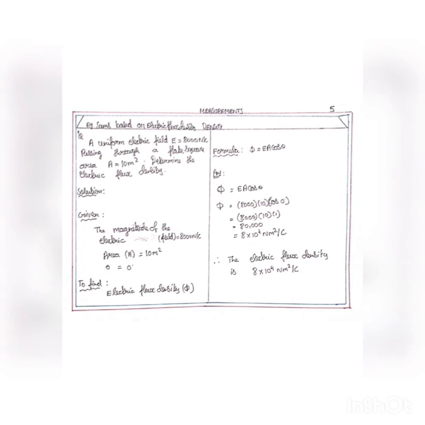Here theta is 0 degree. Always we have to keep the angle as 0 degree. By applying this formula, we can get the answer as 8 into 10 to the power of 4 Newton meter square per coulomb. So the electric flux is 8 into 10 to the power of 4 Nm square by coulomb.